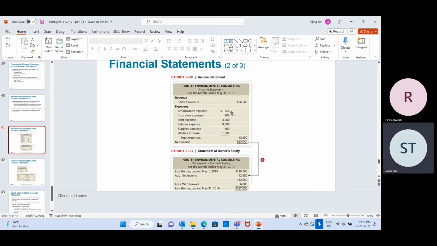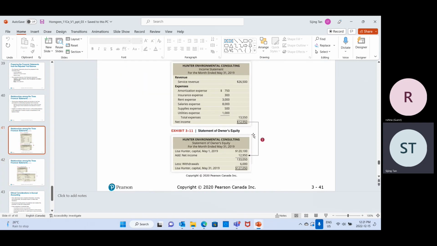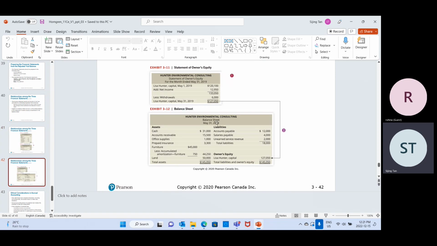When we finish the income statement, the net income comes into the calculation of the ending balance of capital. Then the ending capital balance goes directly into our balance sheet to make sure that total assets equal liabilities plus owner's equity.